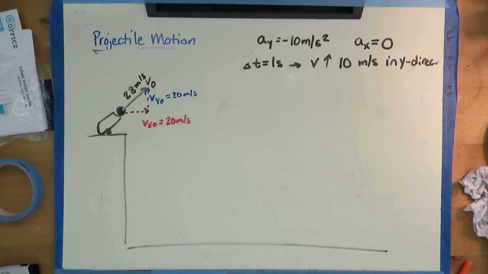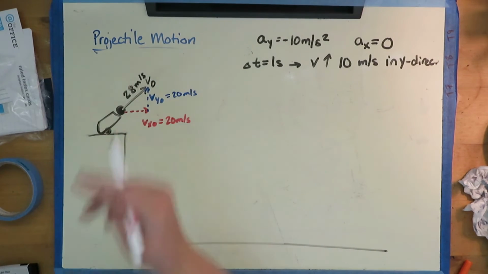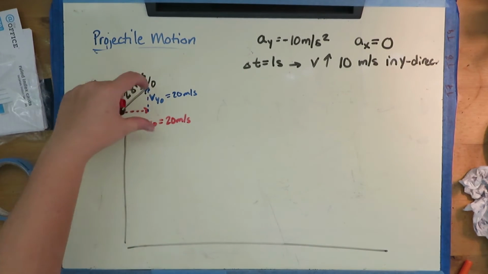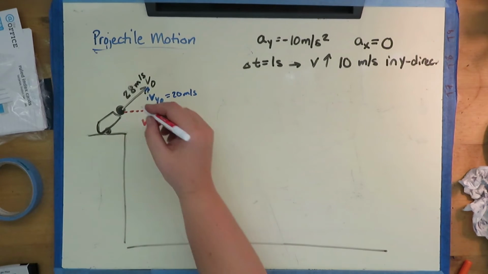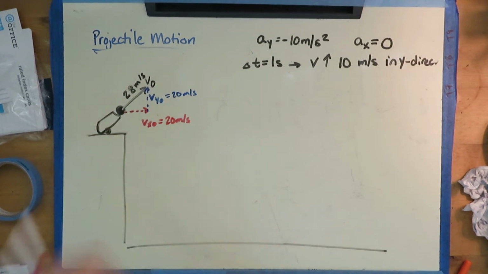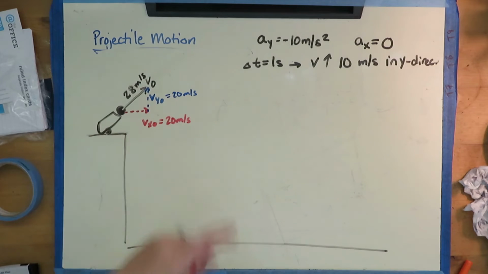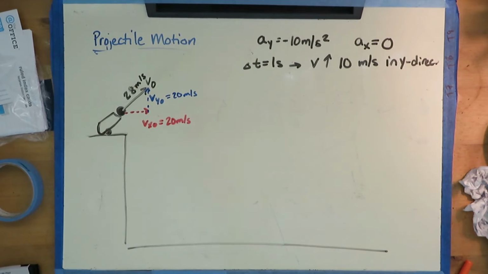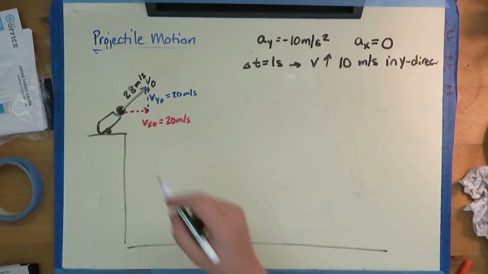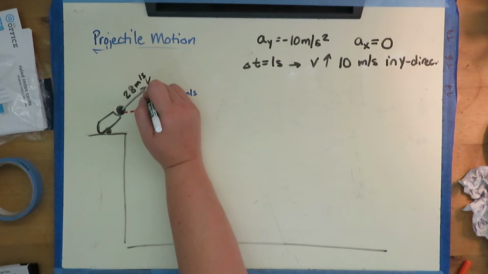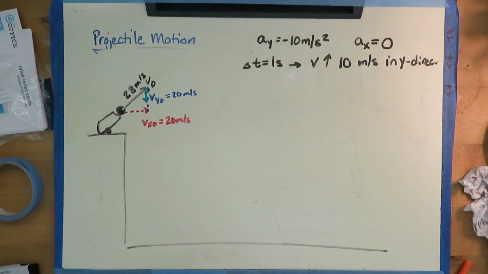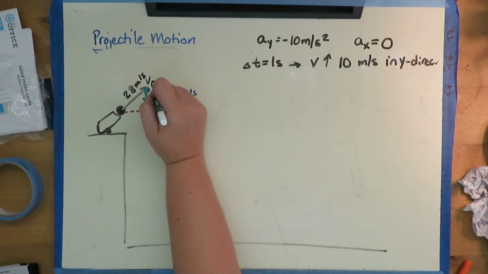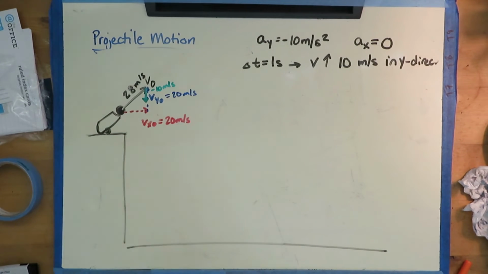So now what happens? The same thing happens. In the next instant, as it's moving in this direction, it has its own velocity associated with it, but I'm going to have this acceleration due to gravity. And that acceleration due to gravity is going to pull and cause a change of -10 meters per second.